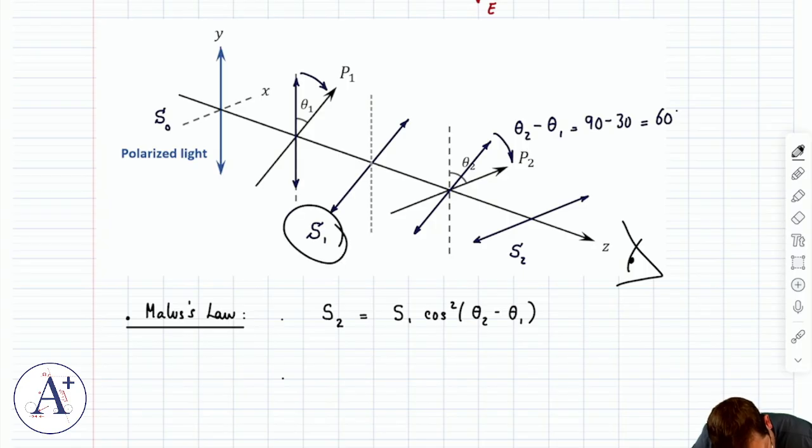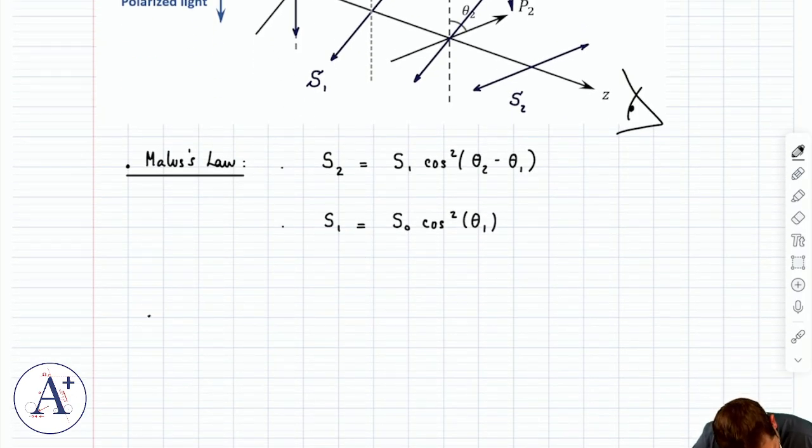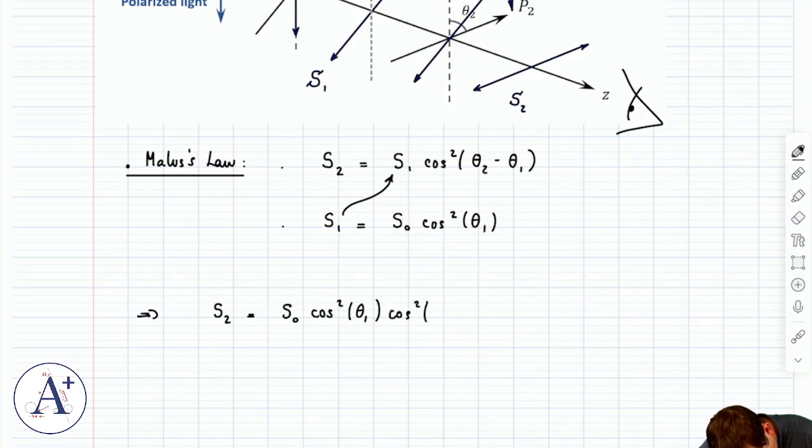And then if we work our way back to relate S1 to S0, S1 is going to be S0 cosine squared of theta 1. So the conclusion is that S2, if I substitute S1 into here, is S0 cosine squared theta 1 cosine squared of theta 2 minus theta 1.